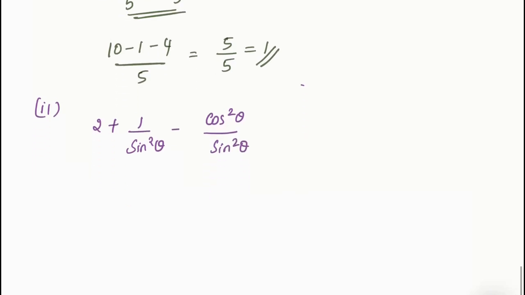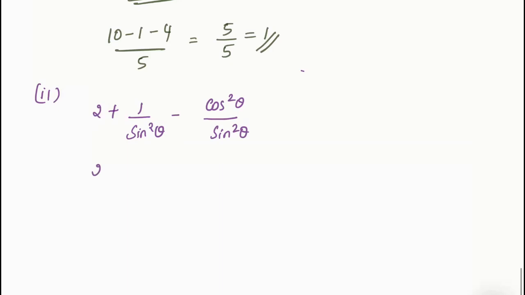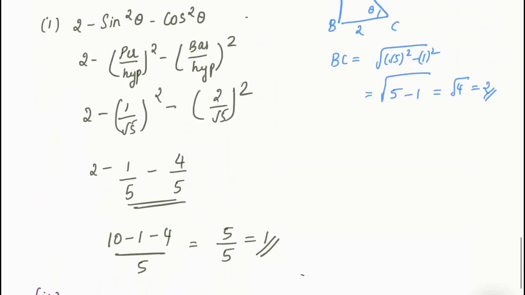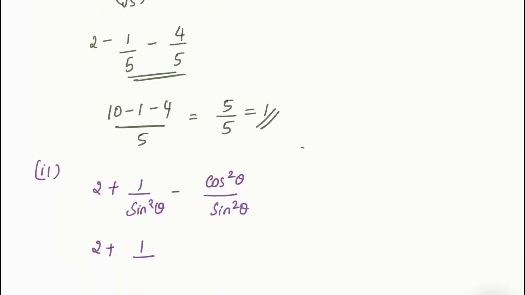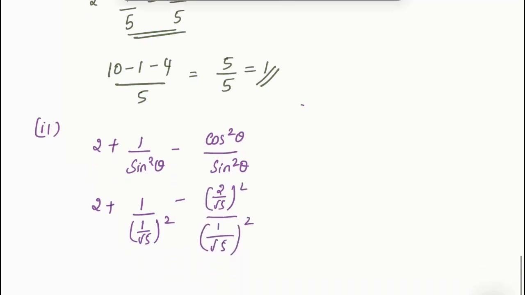It looks a little bigger, so let us do that. 2 plus 1 by sine square. We already found the value of sine square theta. What is sine square theta? 1 by root 5 square, correct, minus 2 by root 5 square by 1 by root 5 square. Am I right?